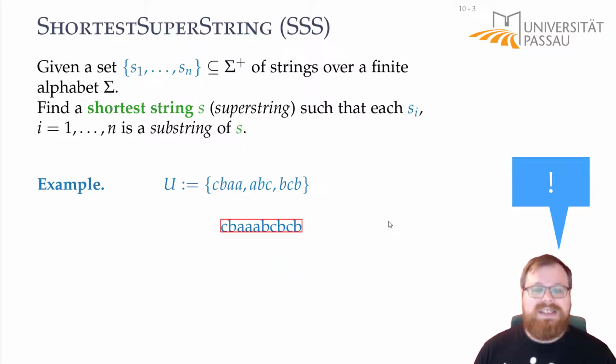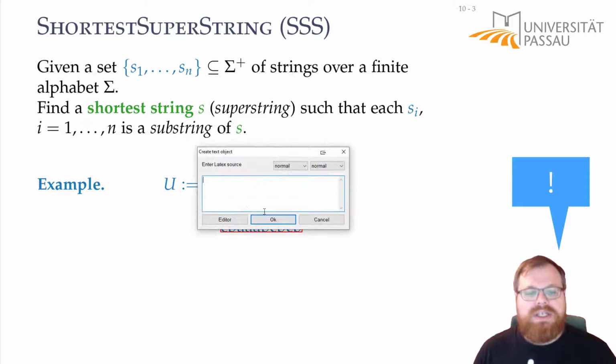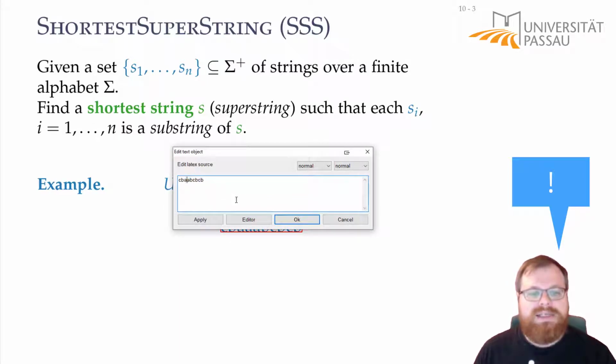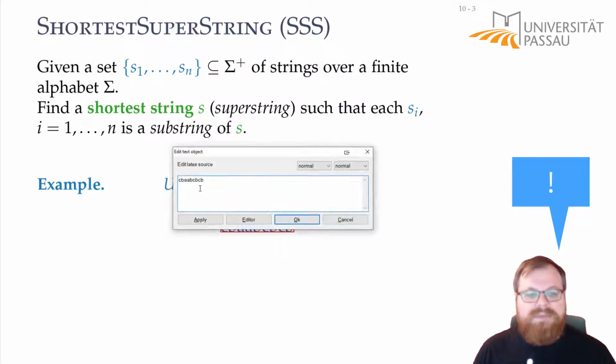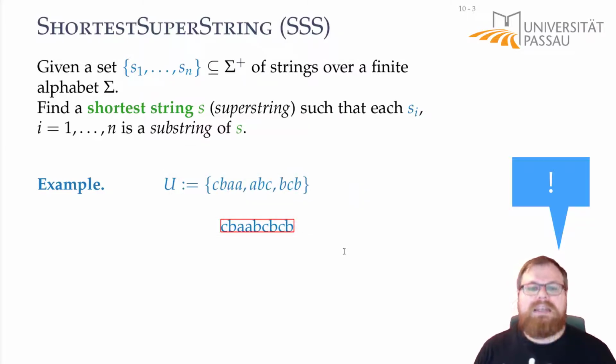But it is easy to see that this is not the shortest string, because we are using 3 A's here, but if I just remove one of those A's, then it still contains all the strings. We still have CBAA, we still have ABC, and we still have BCB. Also, we have BC here and BC here, so we can remove a B and a C, and we again have a shorter string. This still contains CBAA, ABC, and BCB.